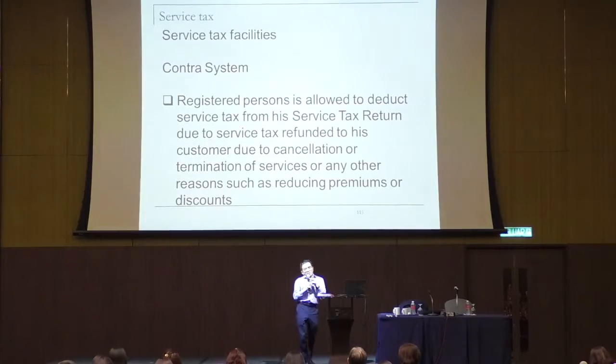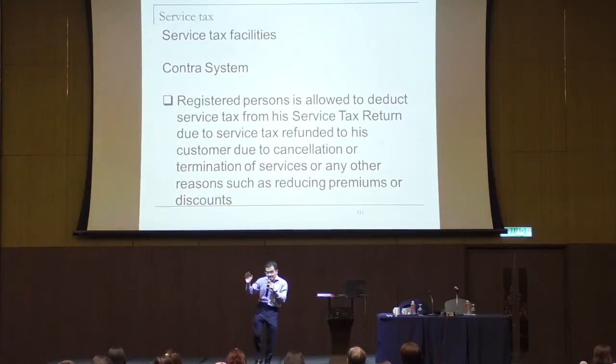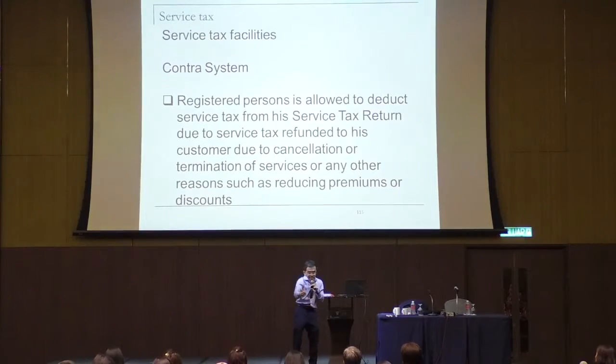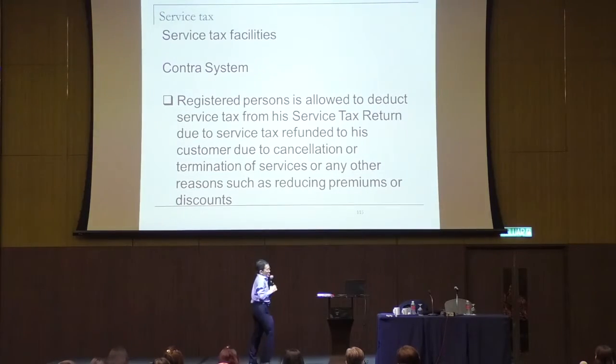Now, under sales tax earlier on, there are many facilities. Remember, ring system, vendor system, farming in, farming out. Service tax, not many facilities. Only one: contra system. What is this contra system? Let me read this out to you.